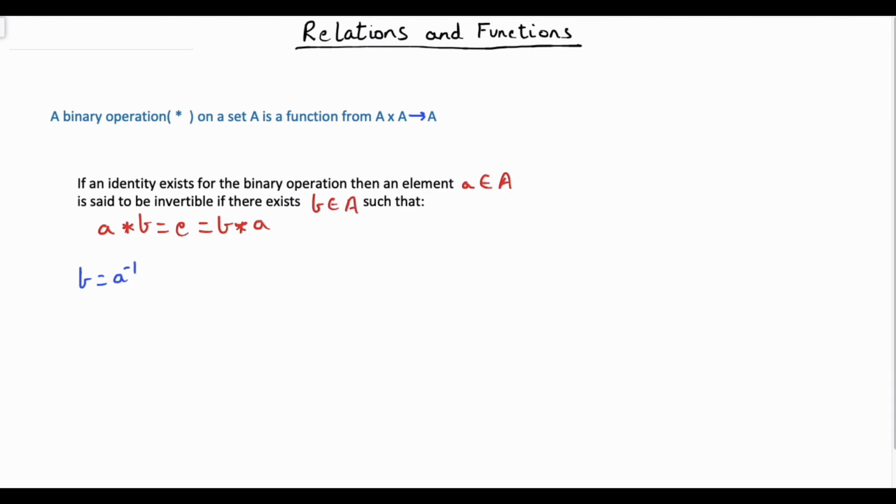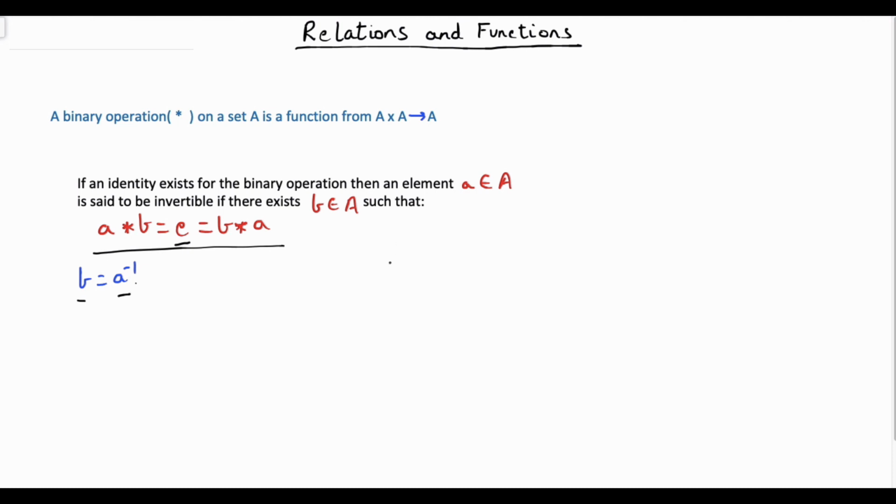If an identity exists for the binary operation, then an element a belonging to the set A is said to be invertible if there exists another element b belonging to A such that a asterisk b is equal to the identity element of the set A and that is equal to b asterisk a as well. If this condition holds, then b is called the inverse of the element a and it can be denoted like this.